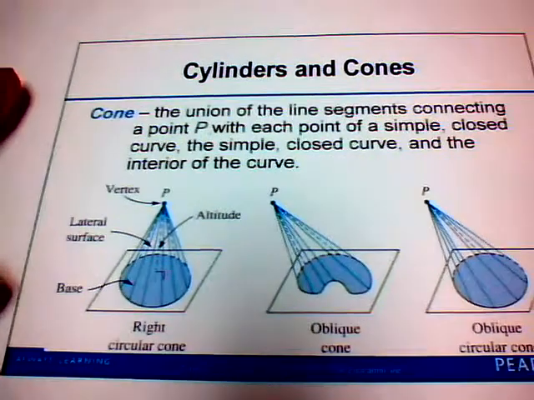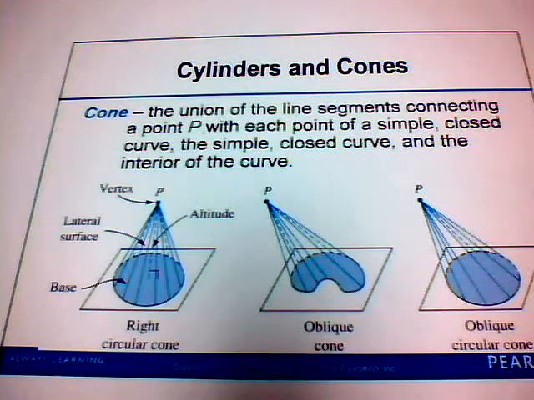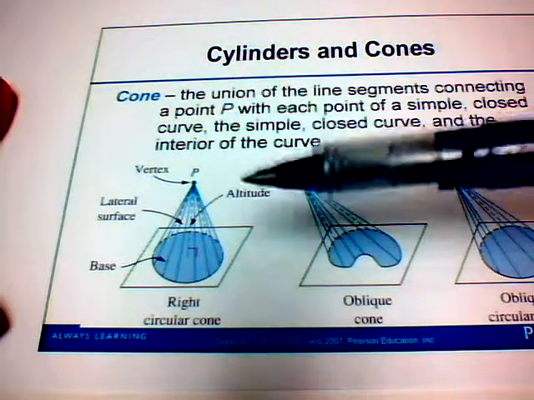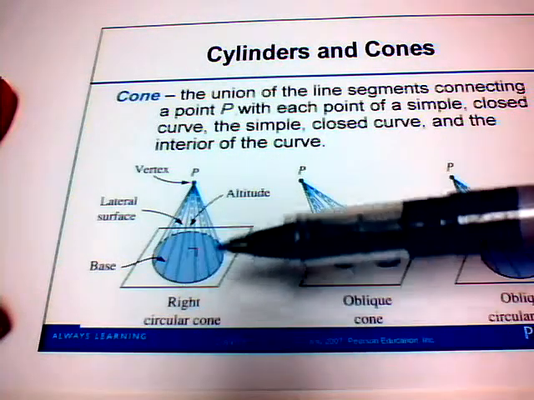Alright, next is cones. That's the union of the line segments connecting a point P with each point on a simple closed curve, the simple closed curve and the interior of the curve. Okay, so here's an example of what a circular cone looks like.